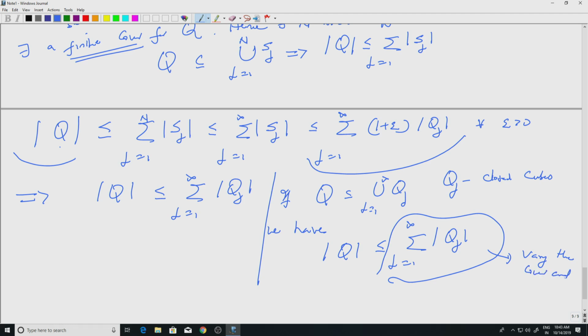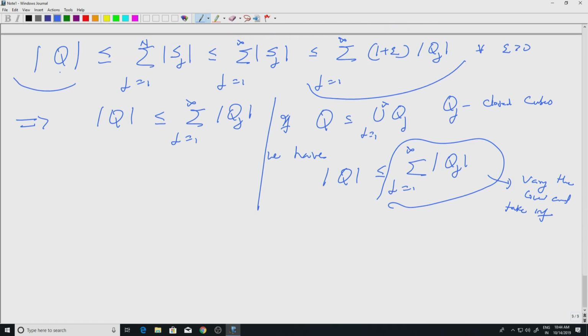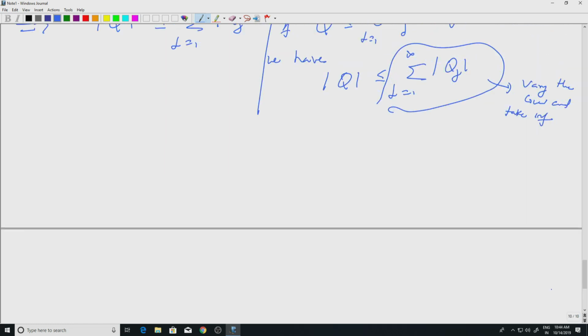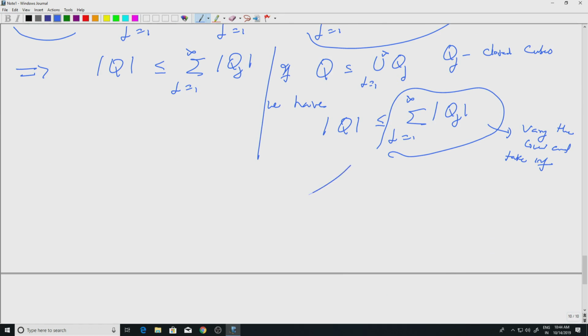I can vary the cover and take infimum. The left hand side does not change because it is a fixed number. So, I can do this for all the covers Qj's and take infimum. Okay. So, taking infimum on the right hand side gives mod Q is less than or equal to infimum of summation j equal to 1 to infinity mod Qj, right.